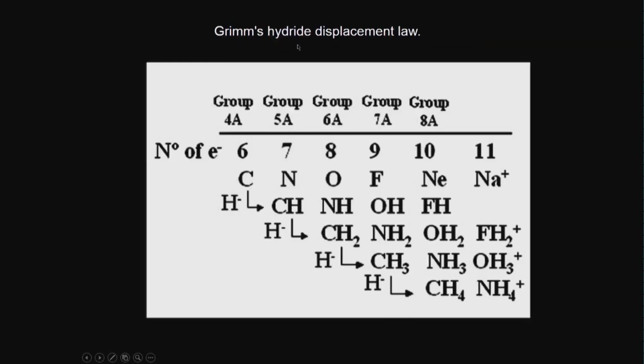So there is Grimm's hydride displacement law. According to that law, these are bioisosteres, these are bioisosteres, these are bioisosteres. So what does it mean? If I have a molecule with an OH group, I can replace it with NH2 and expect it to have similar activity, or I can replace it with CH3 and expect similar activity.